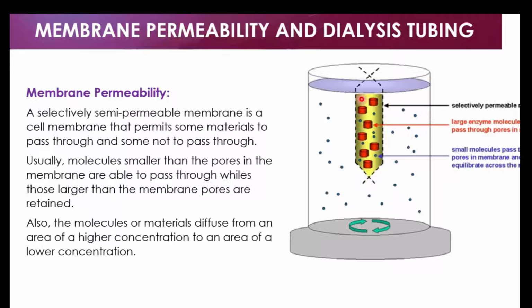So as we can see from here, these are molecules smaller than the pores of the membrane, so they are able to pass through the membrane. And these are molecules that are larger in size than the pores of the membrane, so they are retained in the dialysis tubing.